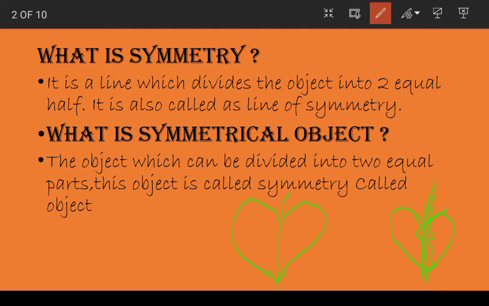So what is the material here? It is the heart. If the heart is not there, then the line can't be drawn. Okay, I hope you have understood this. So let us move on.